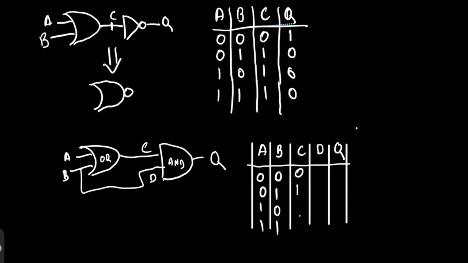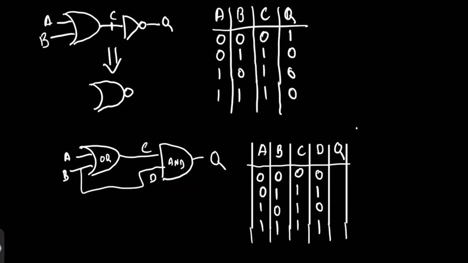C would be 1. And 1. Okay, perfect. All right. Then let's look at D. D is just B. So whatever B is, D is. So 0, then a 1, then a 0, and then a 1, right?